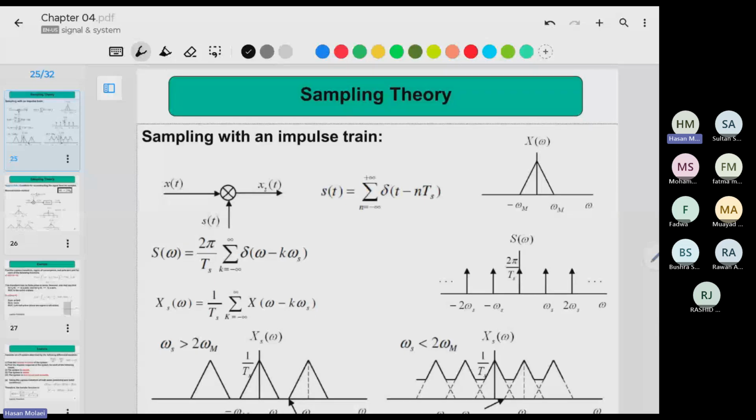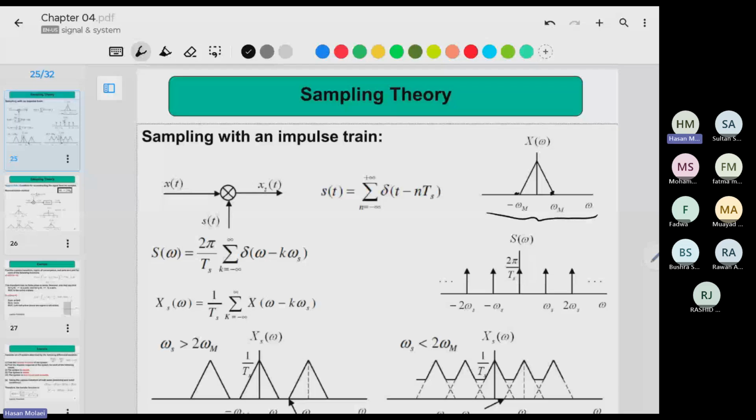What is sampling? Suppose we have x(t), one signal whose Fourier transform is something like that. It's limited in frequency, like our voice. We can't generate more than 3 kilohertz. In frequency, we don't have parts more than 3 or 4 kilohertz.